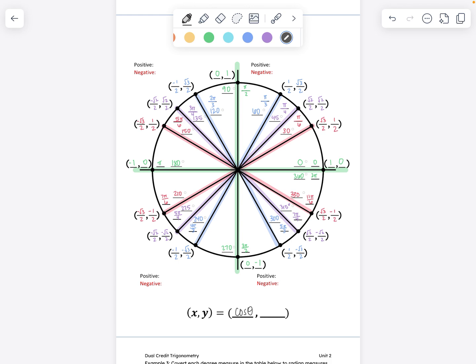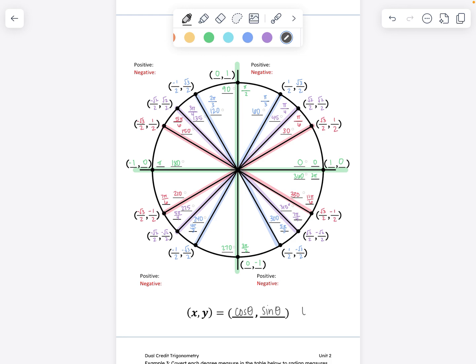And every single one of those y values are my sine values. So if I know my unit circle, I know my trig function values for all of these angles.